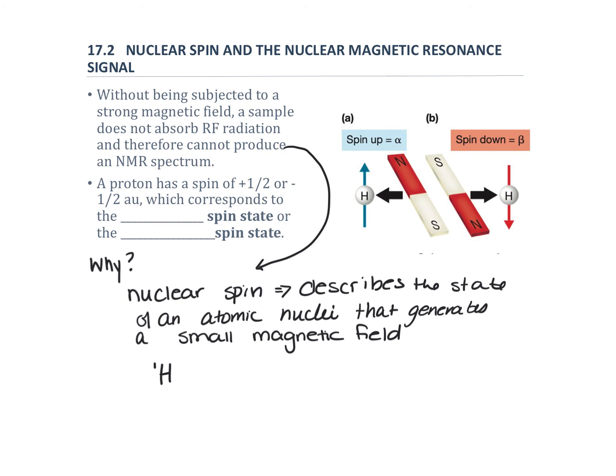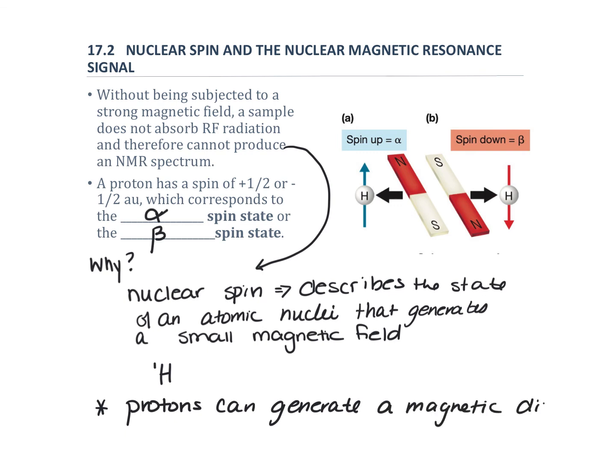Now, we have that 1/2 up or 1/2 down, and that corresponds to an alpha spin state and the beta spin state. So the spin up is alpha and the spin down is beta. So protons then can generate a magnetic dipole in one of two ways.